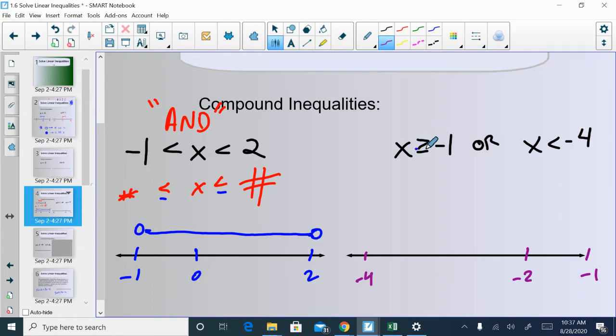X value is greater than -1, well, greater than or equal to -1, that's actually going to be a filled in circle. And X value is greater than -1 would be that direction. Meanwhile, this one here would be an open circle, right? Because it doesn't have the or equal to sign. And X values less than -4 would be that direction. And so that would be us successfully graphing this question here.